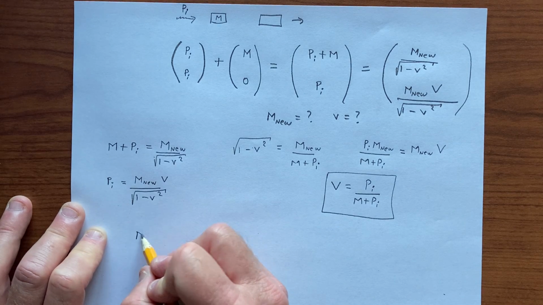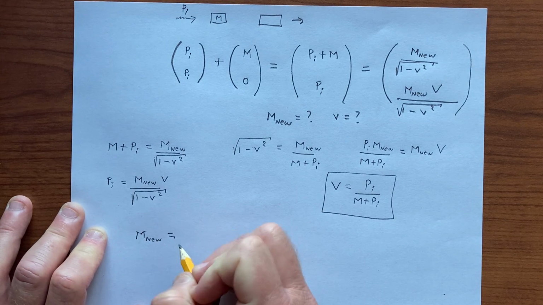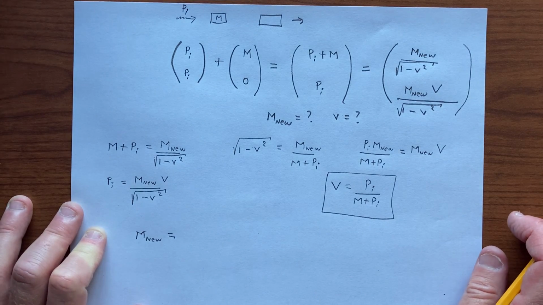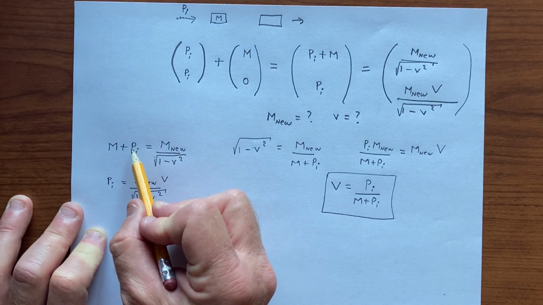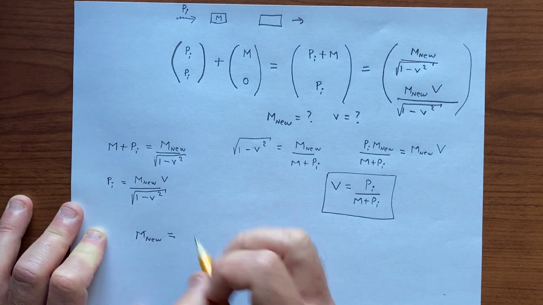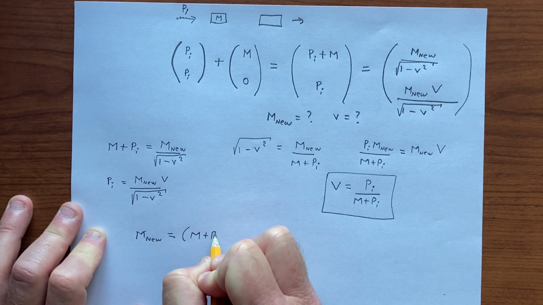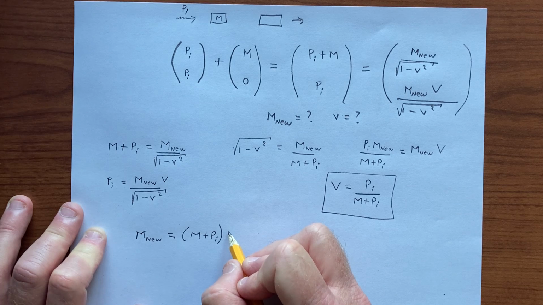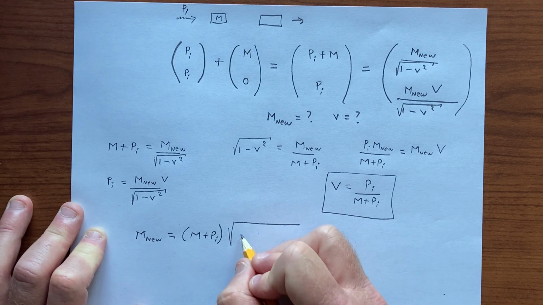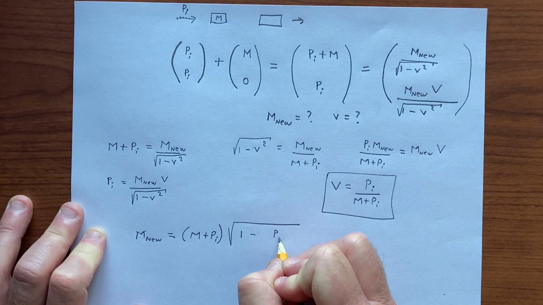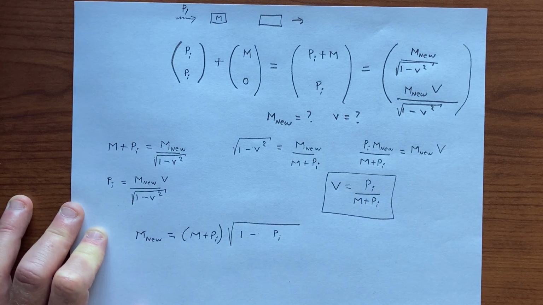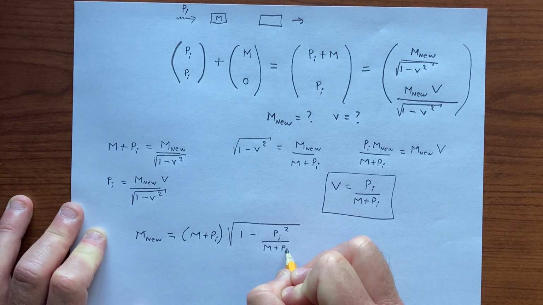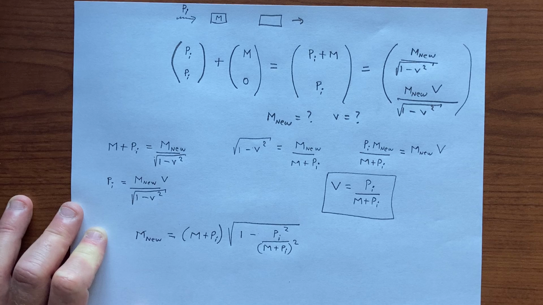And now we can solve for m nu. Right, m nu is equal to, see, it's m plus pi times the square root of 1 minus this thing squared, which is pi squared over m plus pi squared.